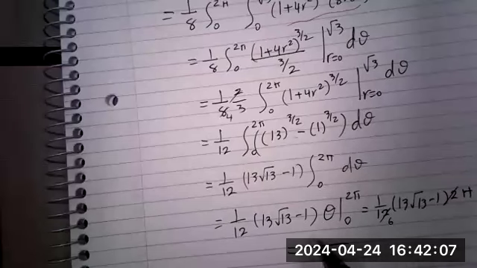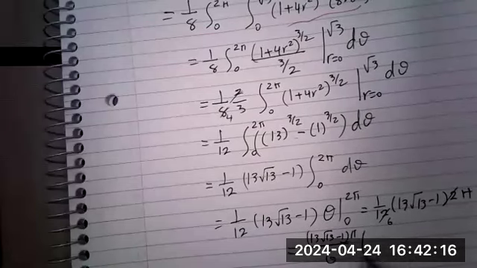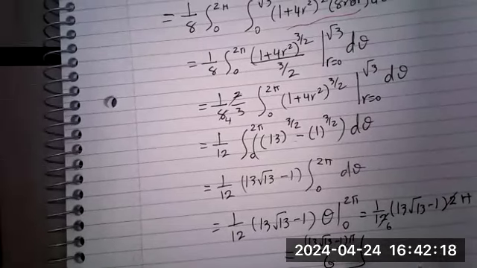It is 13 radical 13 minus 1, times pi over 6. This gives you the final answer. Okay. So it's a very popular problem. Sometimes they change the numbers and they give you this. So be prepared to be able to do it.